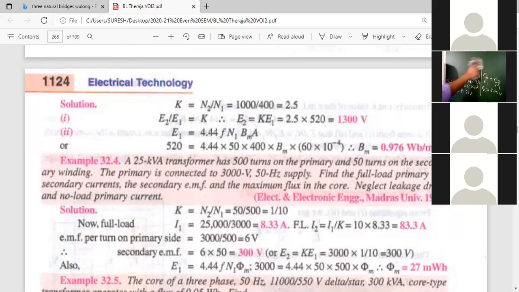Yes, sir. That is your I1. And we know K is equal to N2 by N1, which is equal to I1 by I2. We know N2, N1 and I1, so can you determine I2 from this? Yes, sir. That is your I2.